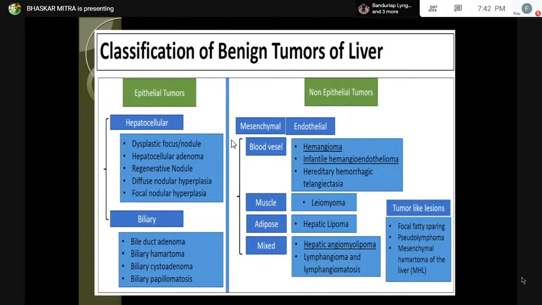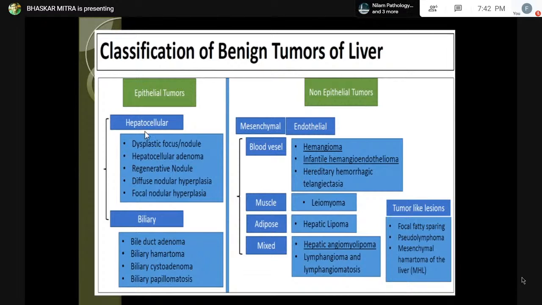Here in the hepatocellular group come these things: focal nodular hyperplasia, diffuse nodular hyperplasia, some regenerative nodules, some dysplastic nodules, and then the hepatocellular adenomas.